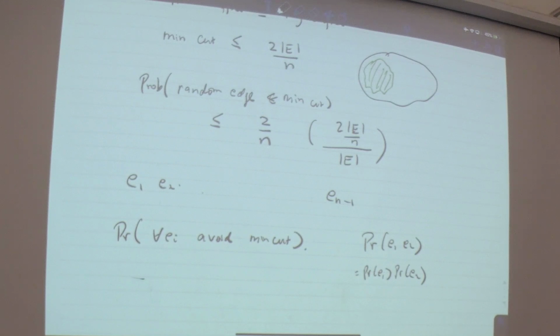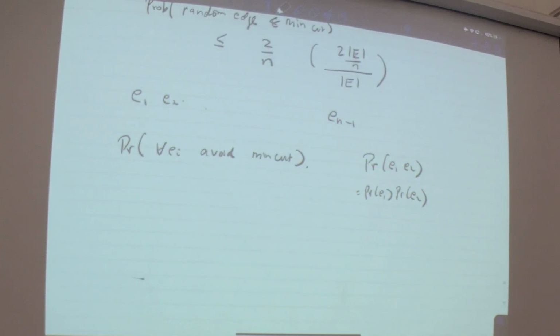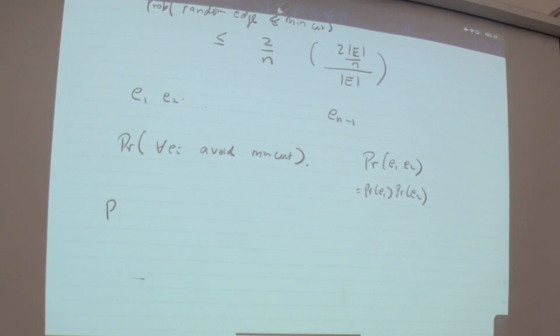But what I can say is that I can write this probability as the probability that E1 avoids the min cut. That's one event, and the rest, E2 to E(n minus 1), avoid the min cut.